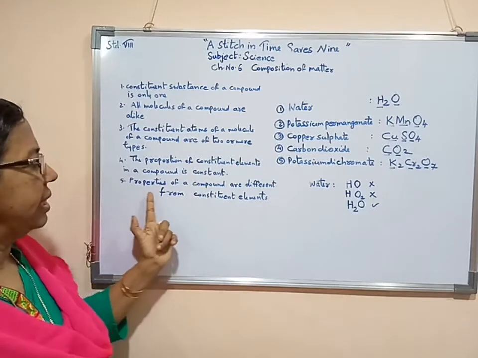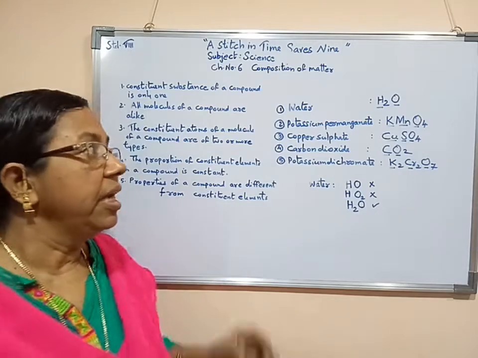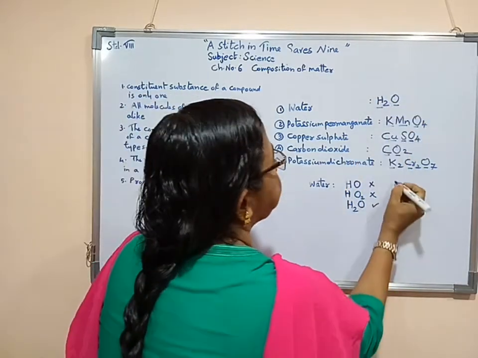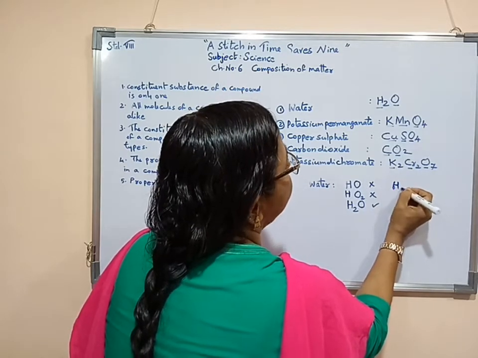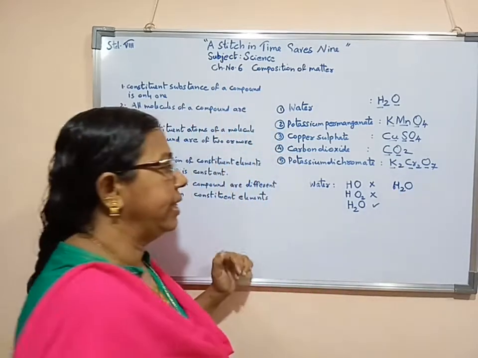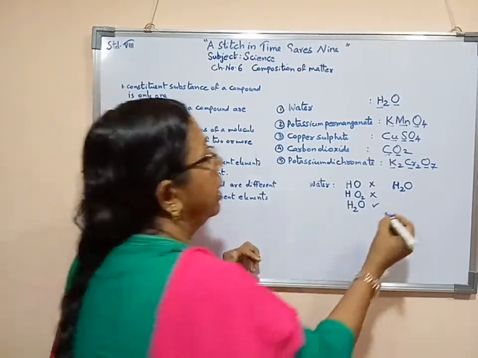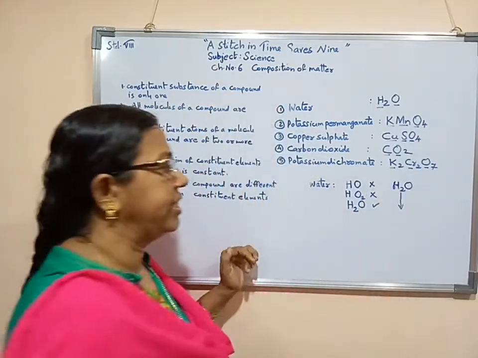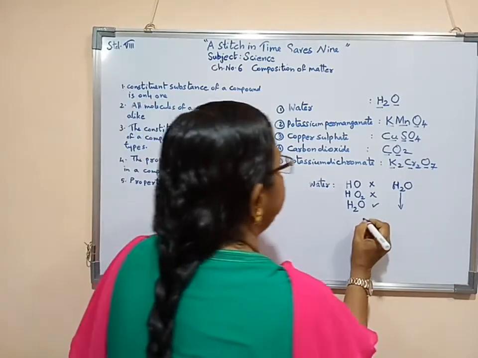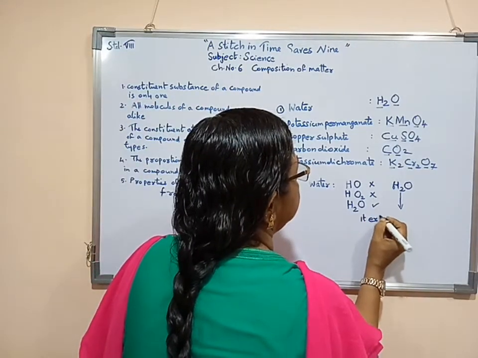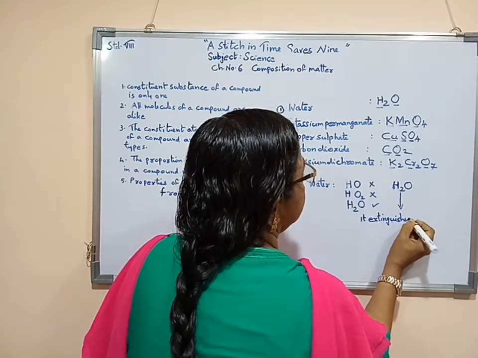Now the last point we will see: the properties of the compound are different from the constituent elements. Let us take water again. Water is formed by joining two atoms of hydrogen and one atom of oxygen. Now the property or characteristic of water: it has such a speciality that it extinguishes fire.